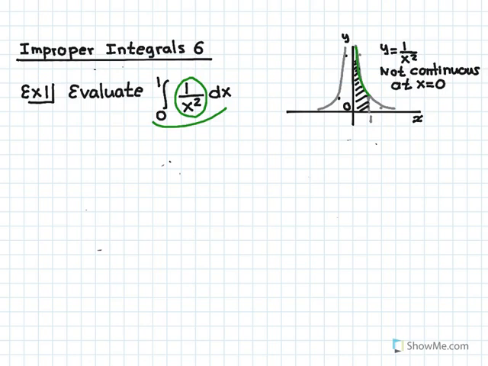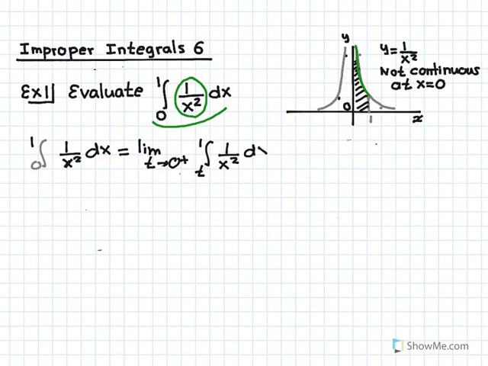So what we have is the integral from 0 to 1, 1 over x squared dx. That's equal to the limit as t approaches 0 from the plus side of the integral from t to 1, 1 over x squared dx.